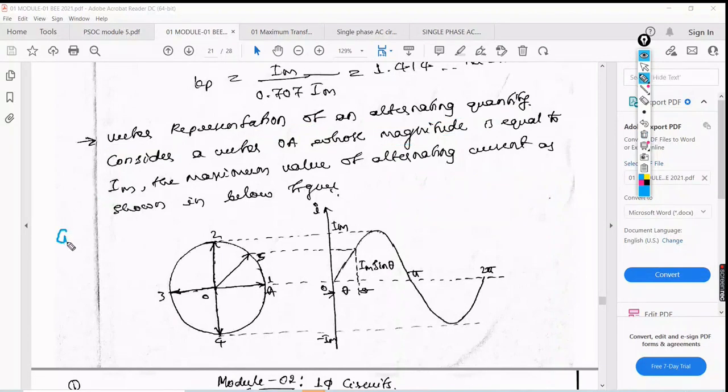Generation of sinusoidal voltage, frequency definition, maximum value or amplitude definition, RMS value, average value, then form factor, peak factor.